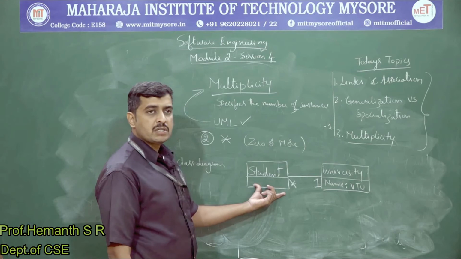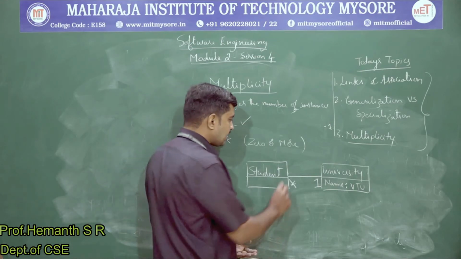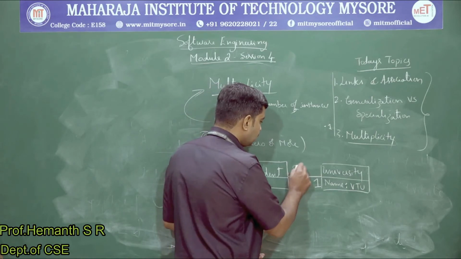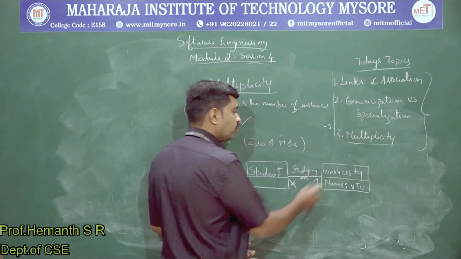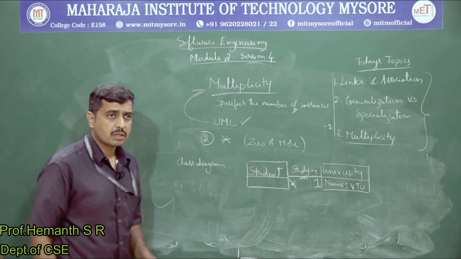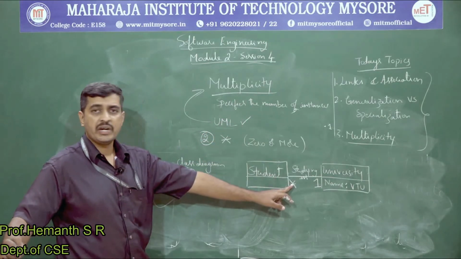So n number of students are studying in VTU, and that is the relation. This was the multiplicity where multiple instances are being denoted.